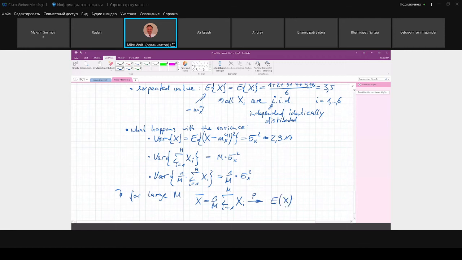Where I say the expected value of x is the same as the expected value of each xi. It's just an abbreviation, because we have identically distributed random variables. They all have the same distribution. And I mean, you would expect this probably.